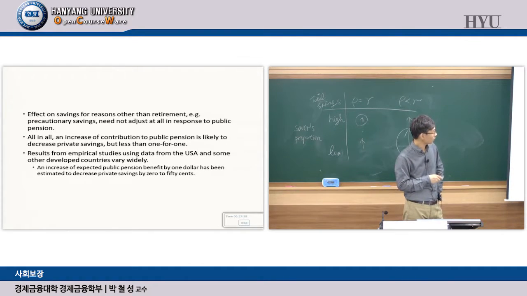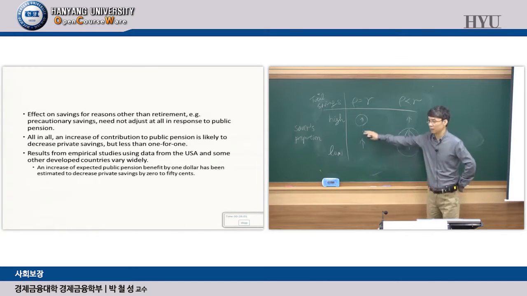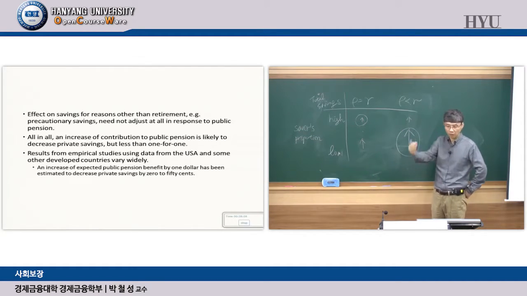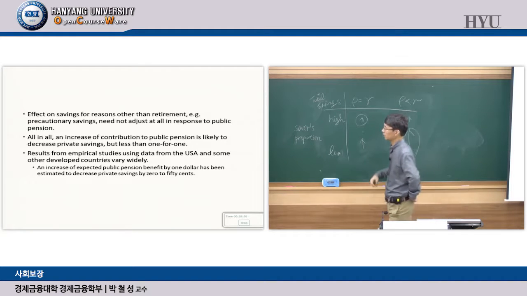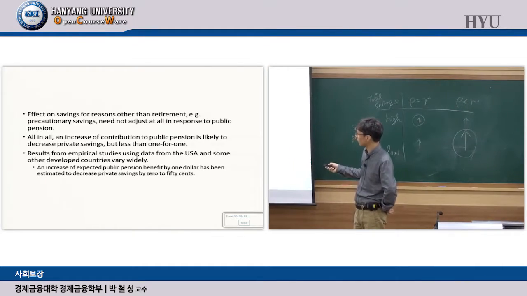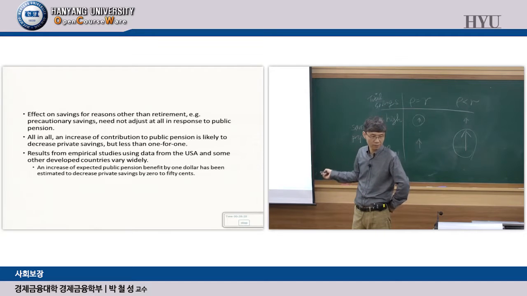Okay, so what are the empirical studies? In this case, obviously, you cannot tell which is the case. Theoretically, everything is possible. So you have to look at the data. When you look at the data, an increase of expected public pension benefit by $1 has been estimated to decrease private savings by 0 to 50 cents.